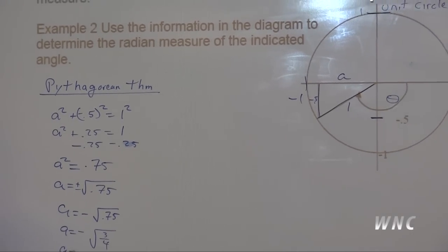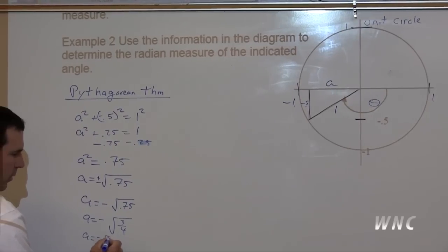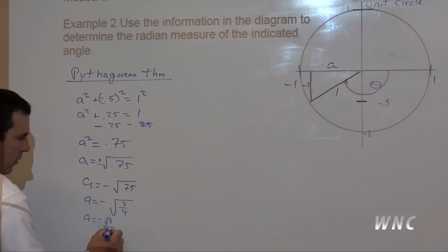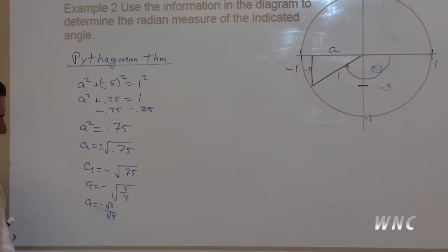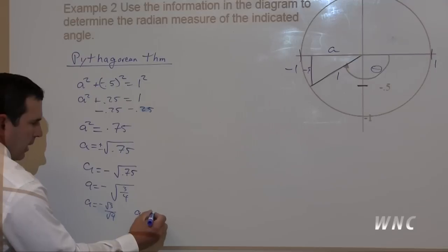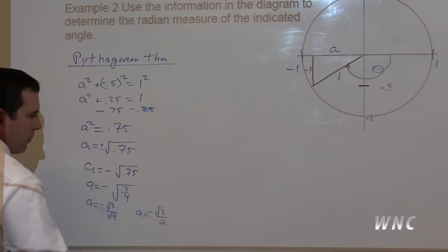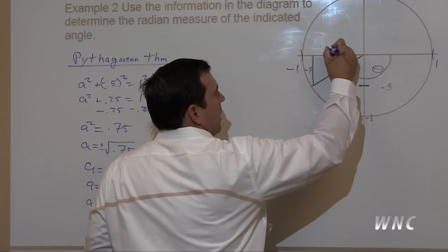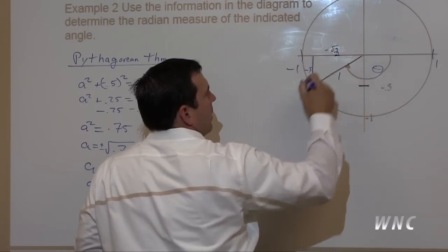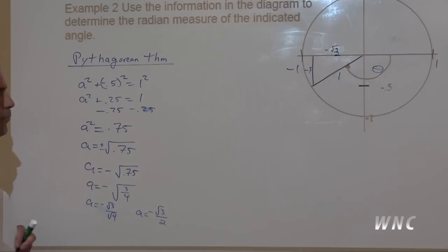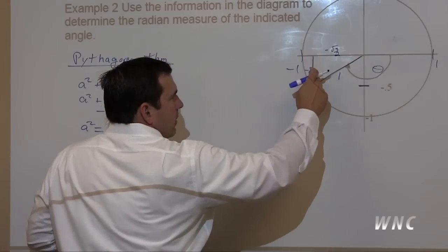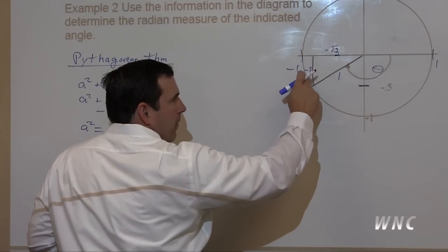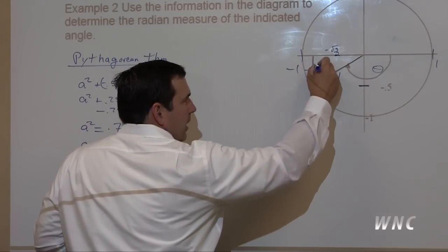So A is negative square root of 3 over square root of 4, and A is negative square root of 3 over 2. So that means this side up here is negative square root of 3 over 2. And this side here is negative 0.5. You can also think of that as negative 1/2.